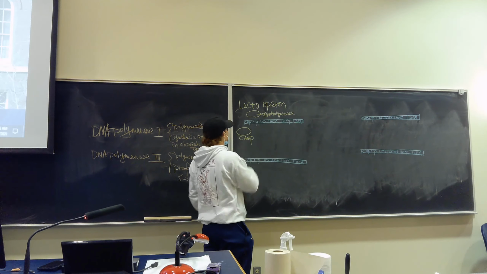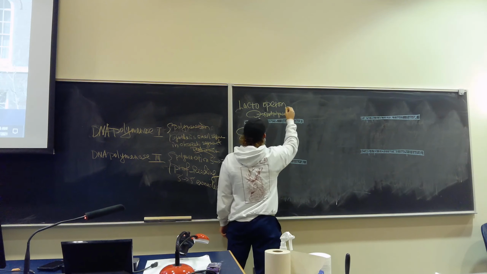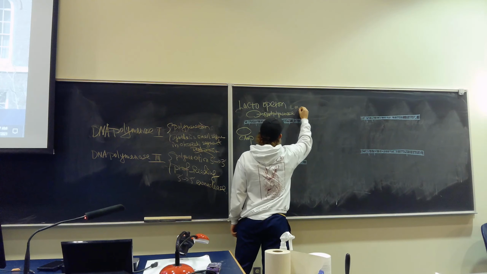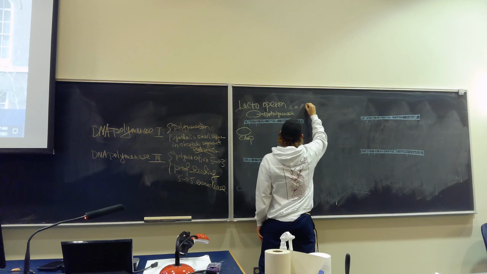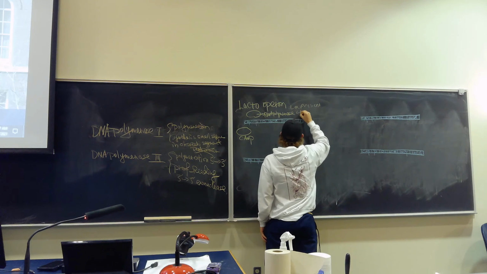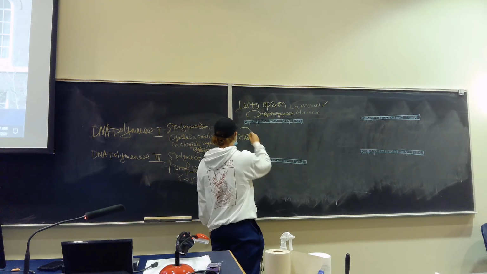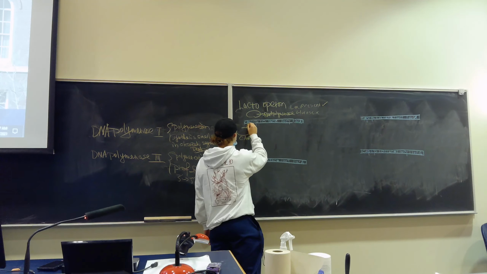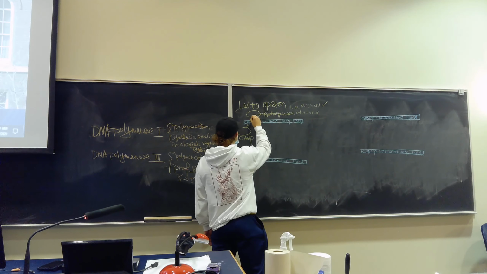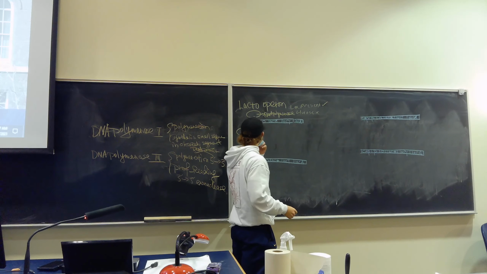Explain them to me. This first situation, lactose is going to be present. Okay, lactose is there. Glucose is not going to be present. Okay, no glucose. And so what's going to happen? Since there's not any glucose, cAMP is going to bind the CAP. RNA polymerase will be, well, obviously it's going to be on the mRNA.